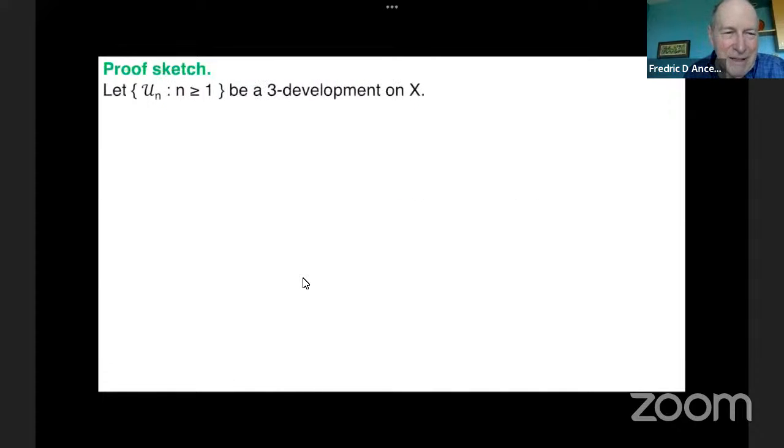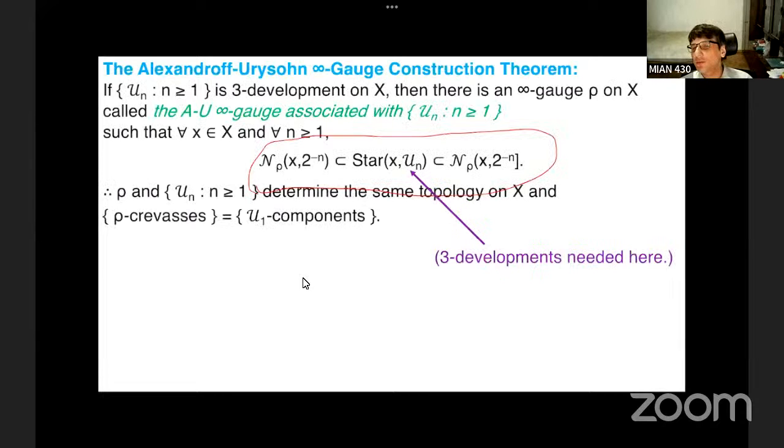So I guess if you replace 3 development by a strong star refinement, that should also work. But yes, a 3 development is weaker than a 4 development. Star refinement gives you 2 developments, and then you have to skip every other term in the development.